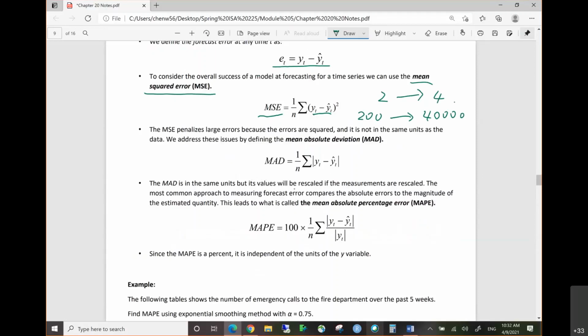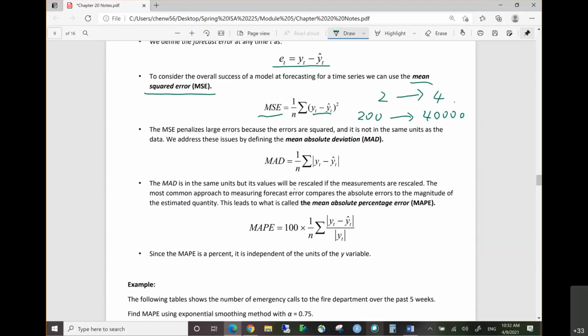So this MSE penalizes the larger errors, because once you square the larger errors, they become very large values. In this case, I want to avoid this kind of problem.